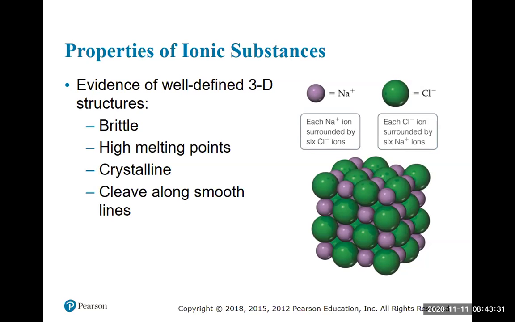Here's a cartoon drawing of sodium chloride, where you have a nice pattern of sodium and chloride ions in that lattice. Ionic substances tend to be brittle, have high melting points, and be crystalline. Usually you can break them along clean lines in that lattice structure. And we'll talk about lattices a little bit more.